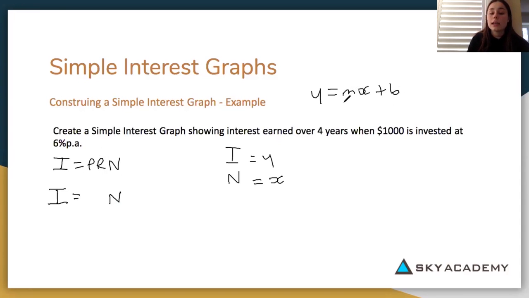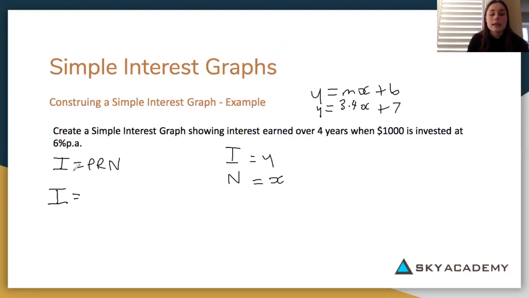You find your gradient and you write it in there, so it could be 3.4. And you find your y-intercept, which is b, which could be 7. But you leave your x and your y as your x and your y. You don't sub for those. So we are going to leave our I and our N as our I and our N, but we can sub for the rest.